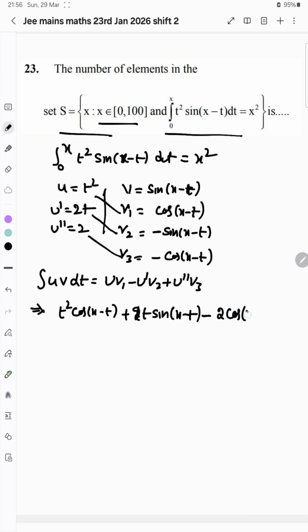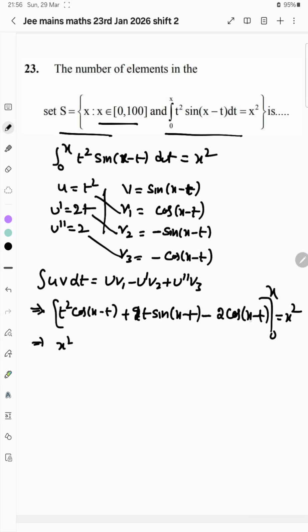2 times cos of (x minus t), with limits 0 to x, is equal to what they gave, x square. Now substitute the upper limit, in every place of t we substitute x first, right? So x square cos of (x minus x), cos 0 is 1, and here sin of (x minus x), sin 0 is 0.